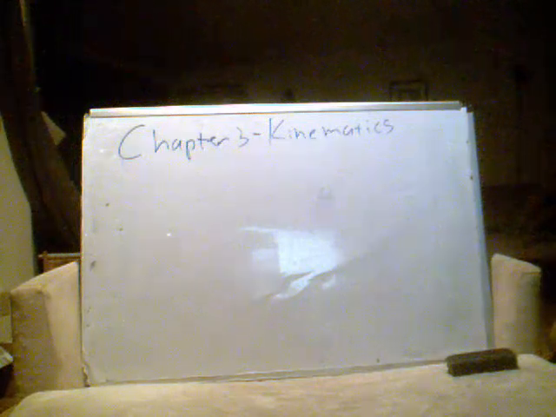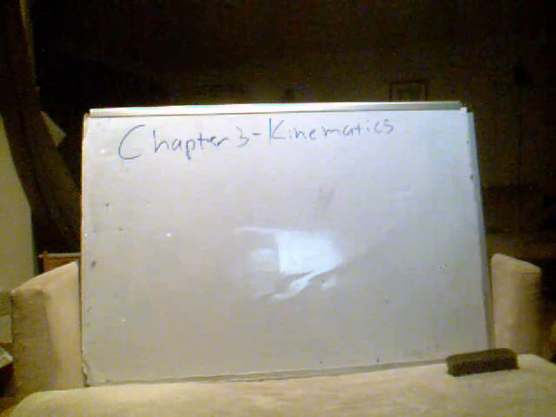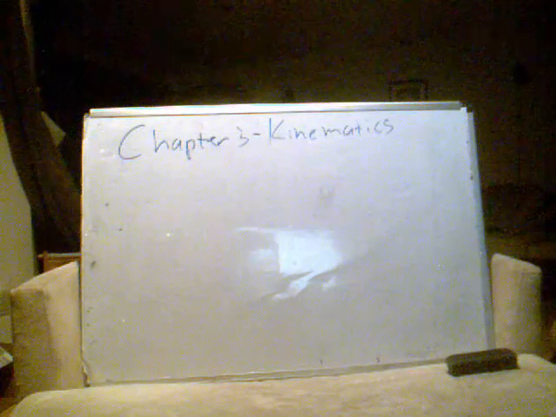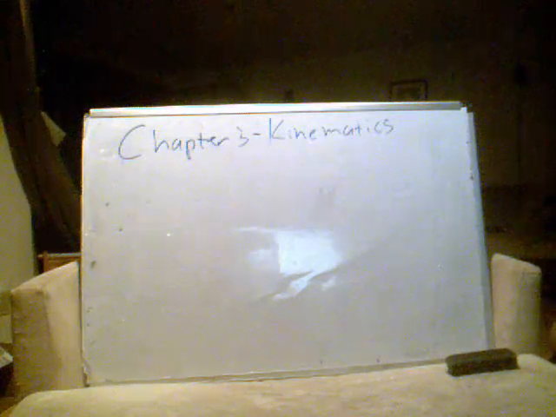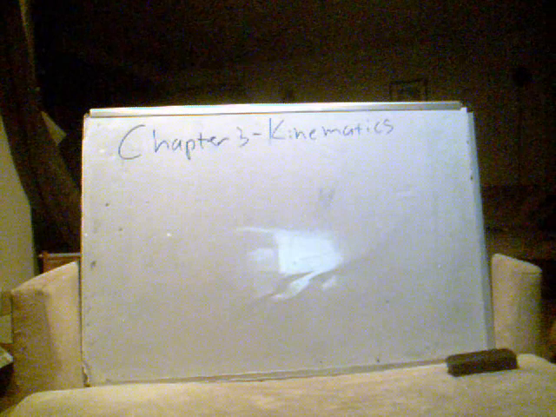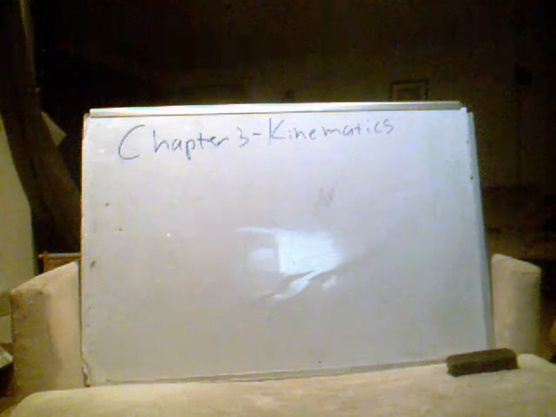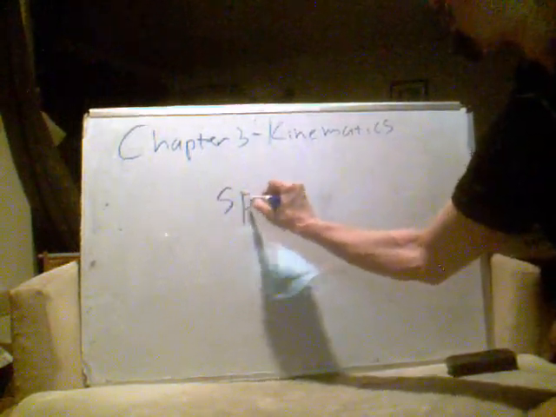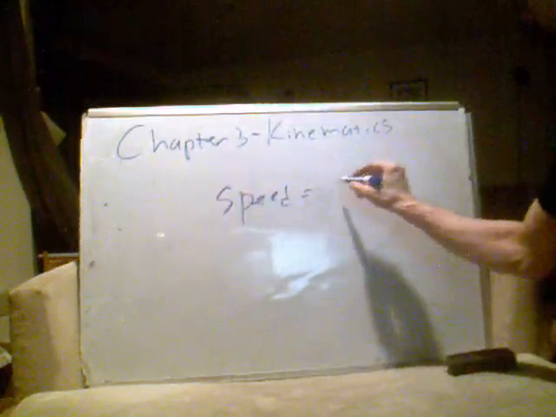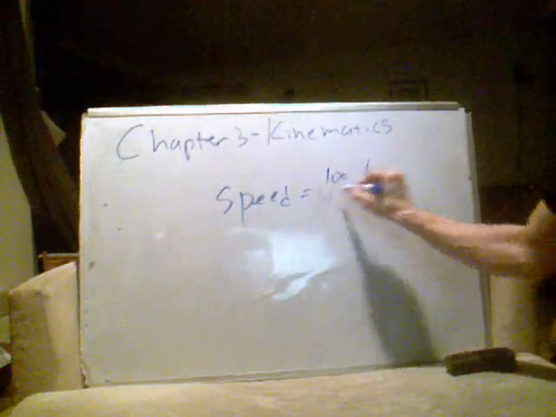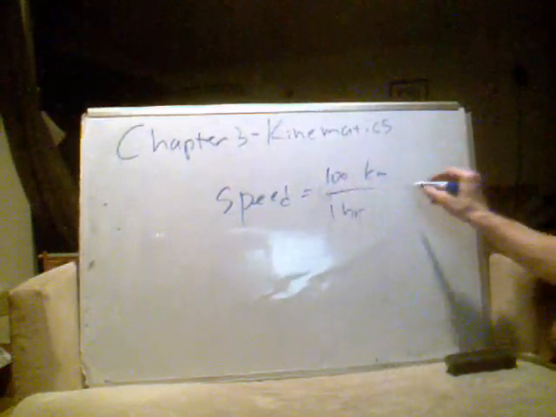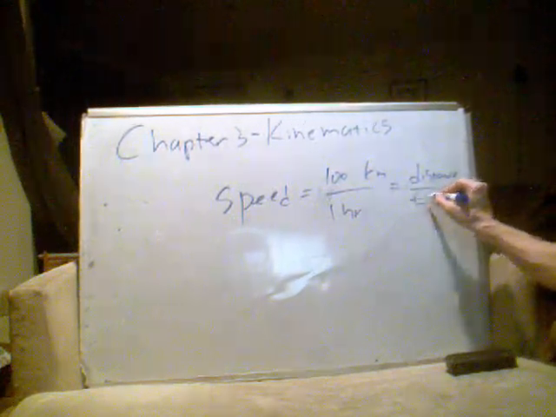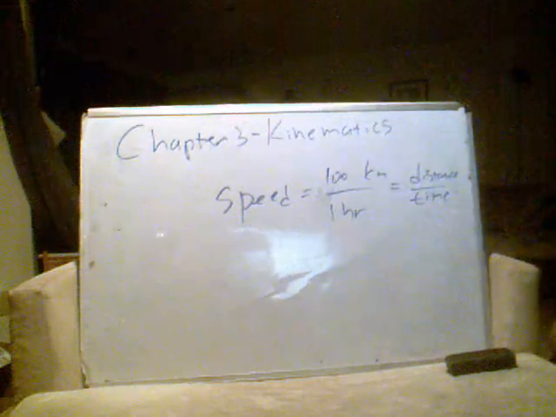Let's take a closer look at speed, velocity, and acceleration. We already mentioned that speed is a scalar. Speed does not have direction, and so it's not a vector. Your speedometer in your car tells you that you're moving at 100 kilometers per hour. That means your speed tells you that you're going to move 100 kilometers in 1 hour, or it's going to tell you a distance that you travel per unit of time.